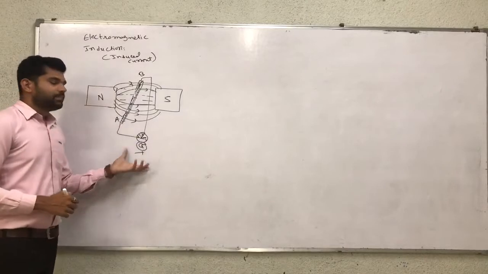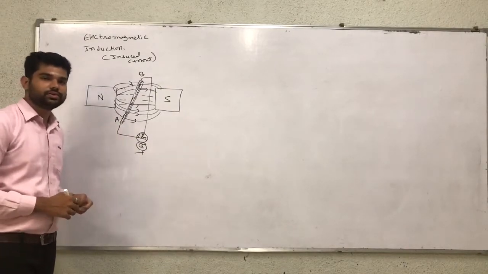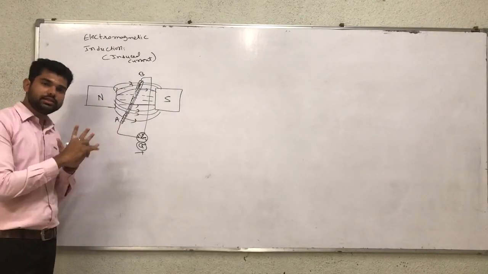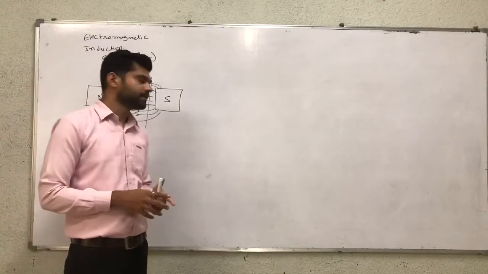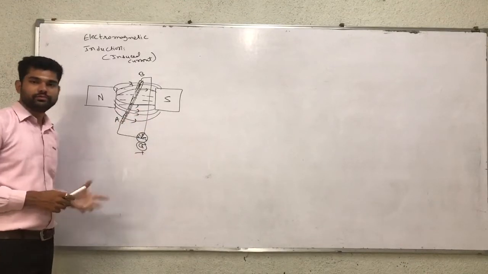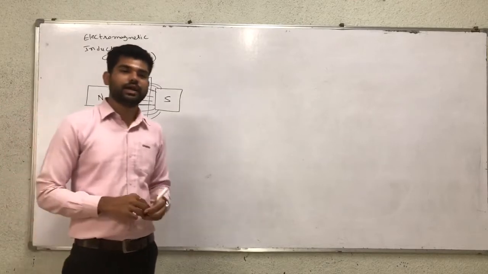So this electric current is known as induced electric current, and the direction of all three things, the electric current, motion and magnetic field, we can find by the Fleming right hand rule.